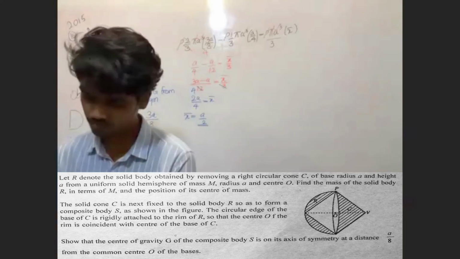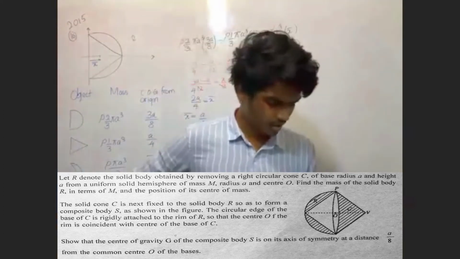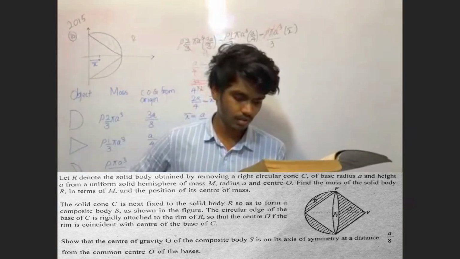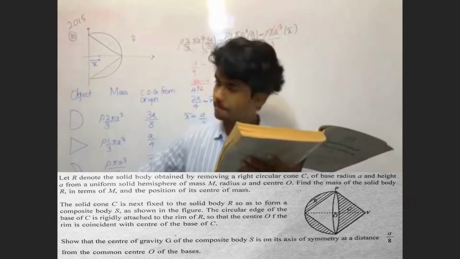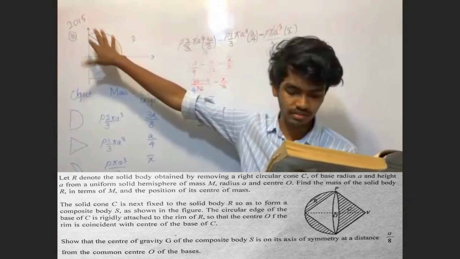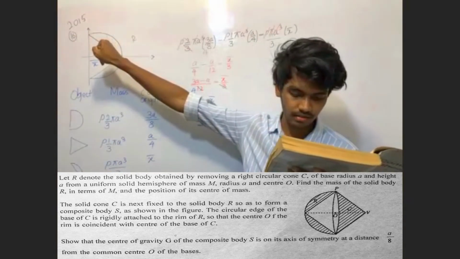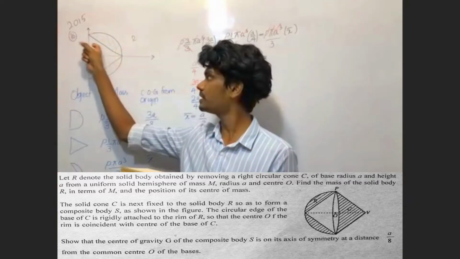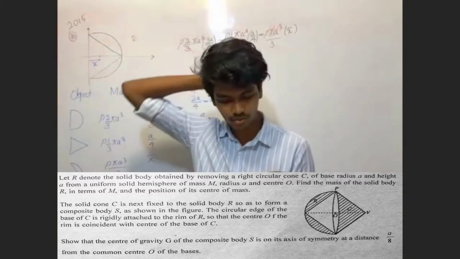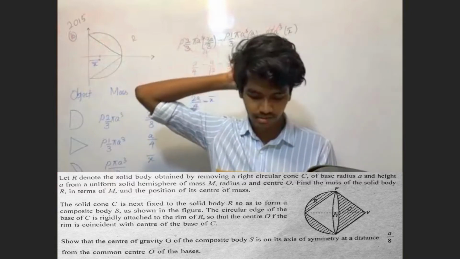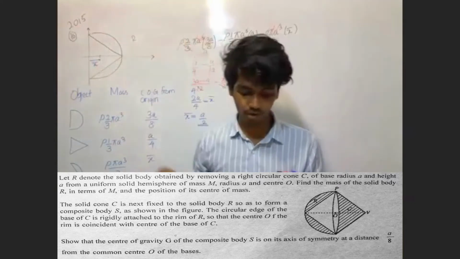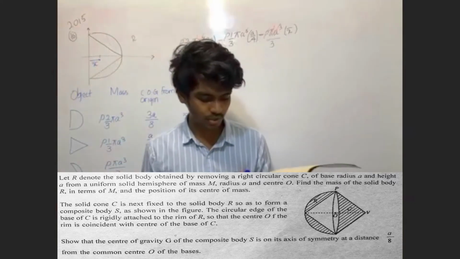So you can say there, the right circular cone C, removed from R. The removed part is C. The solid cone C is next fixed to the body R, so as to form the composite body S, as shown in the figure.